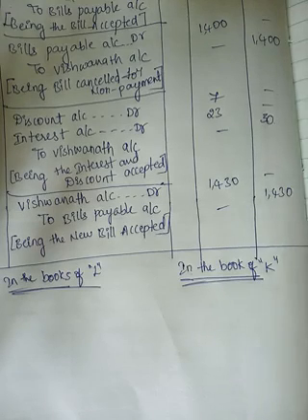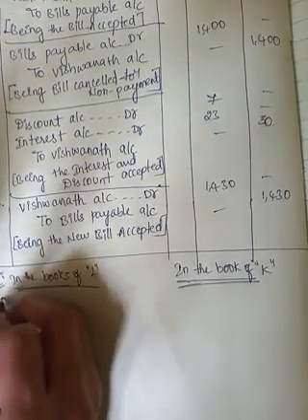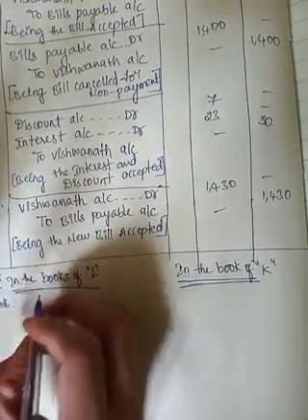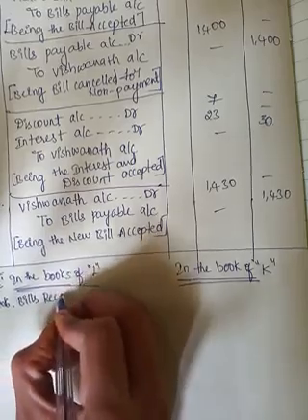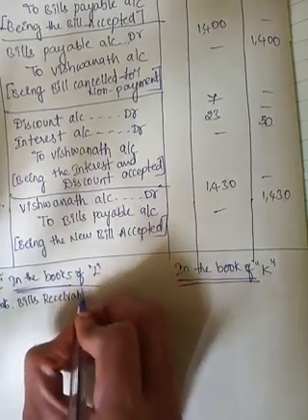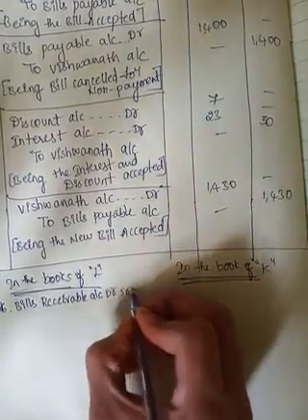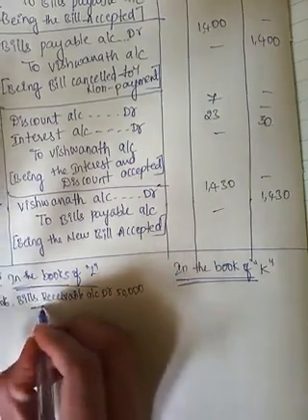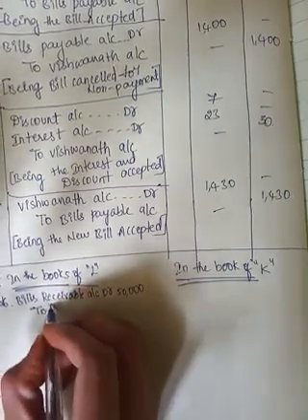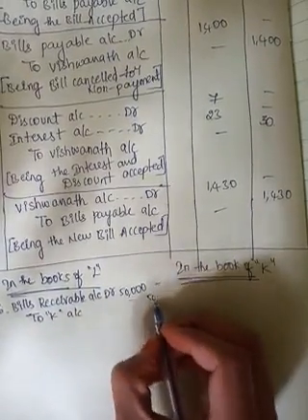For the bill drawn on 1st January 2016: bills receivable account debit is 50,000 to K account, rupees 50,000.